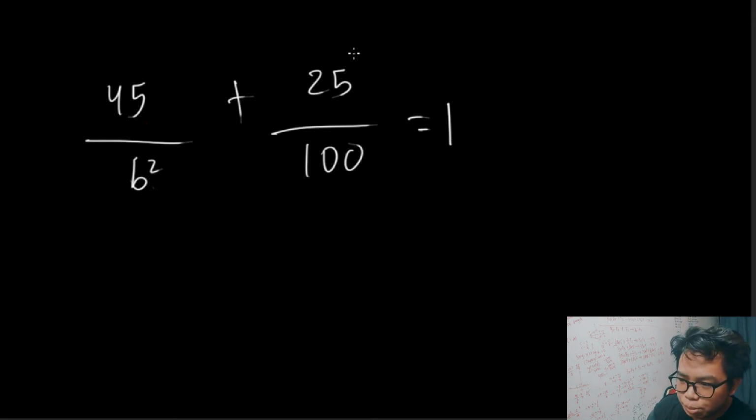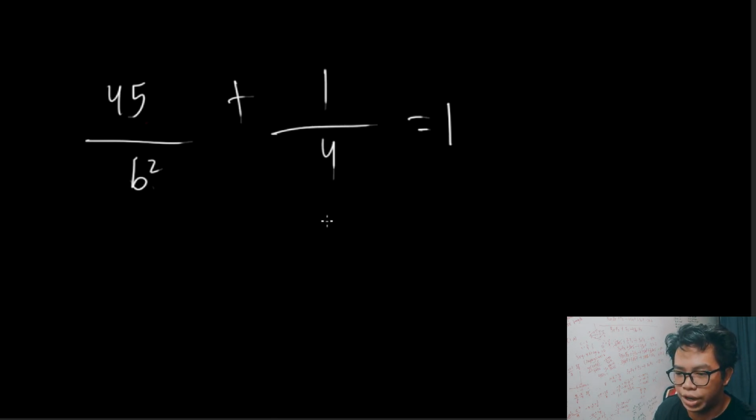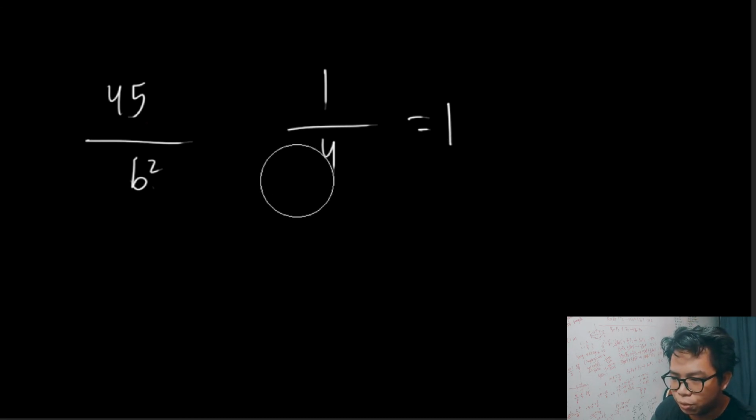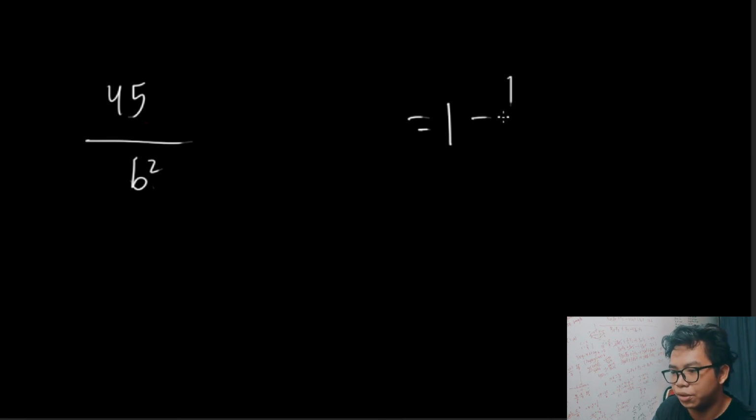I-lowest term nyo yung 25 tsaka 100, magiging 1/4. B squared ang hinanap natin, so etong 1/4, transpose nyo sa kabila, magiging negative 1/4. Then, 1 minus 1/4, edi 3/4.